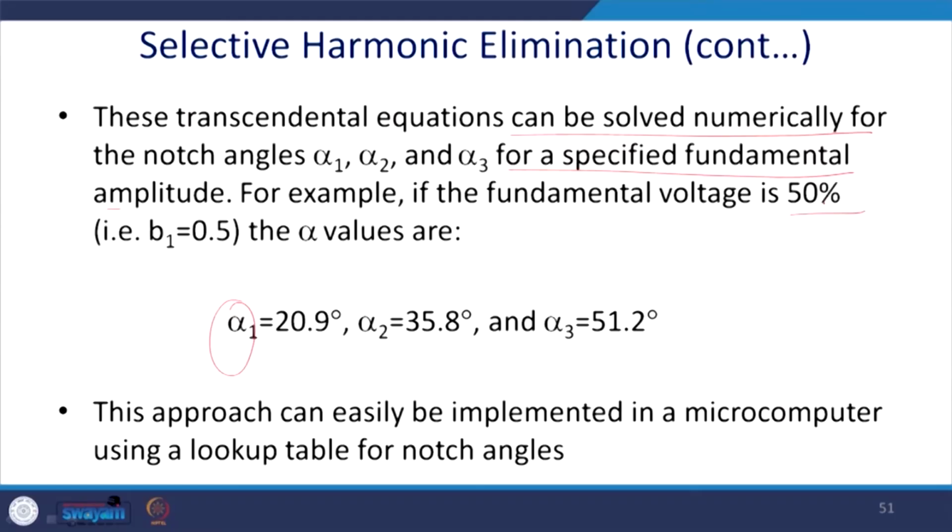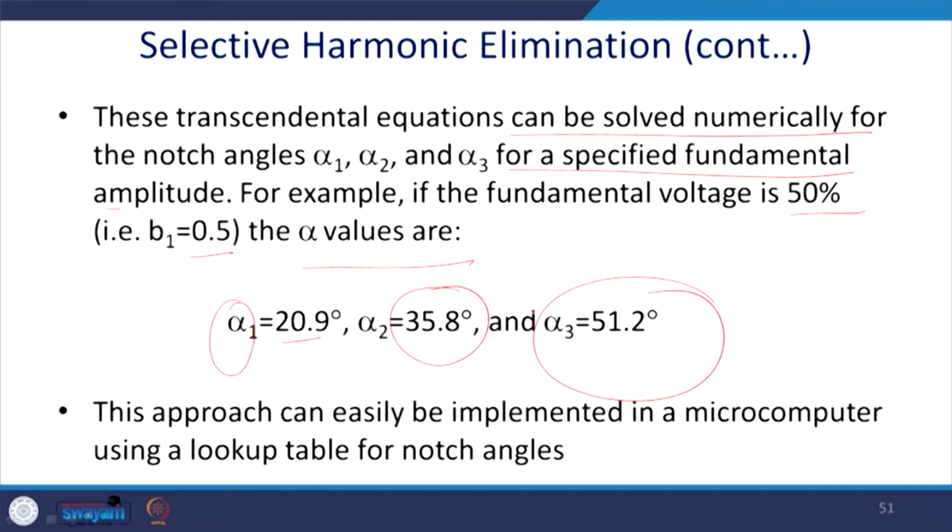So, for a specified fundamental amplitude, for example, if the fundamental voltage is 50%, that means B 1 equal to 0.5, and thus your alpha values are alpha 1 equal to 20.9, alpha 2 equal to 35.8, and alpha 3 equal to 51.2.